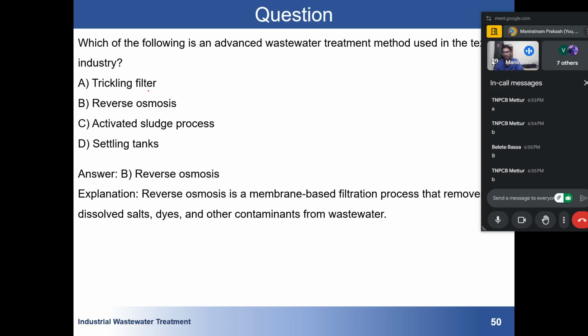The settling tank, we know, is not so advanced. It is a normal thing. Generally, a settling tank removes suspended solids to a certain level. A tank is there, water is added, and with time all the suspended solids settle down. Okay.